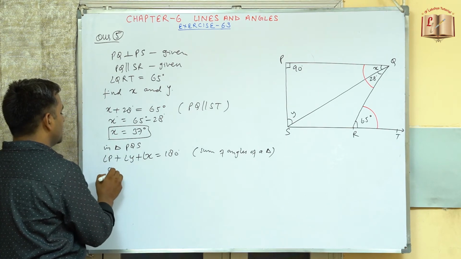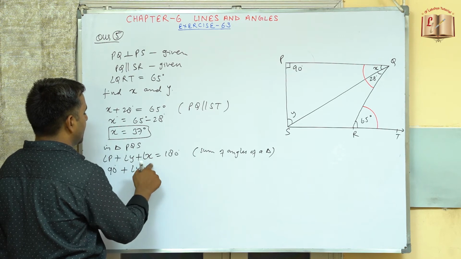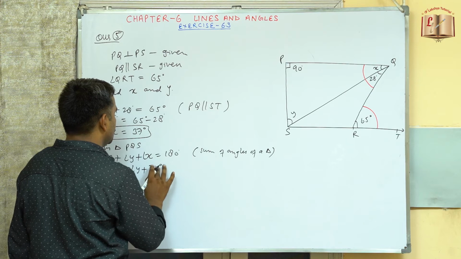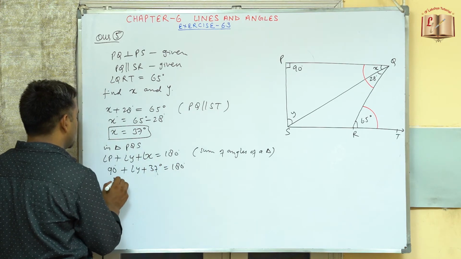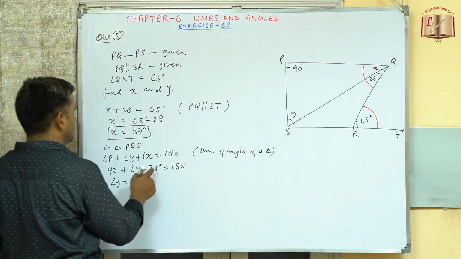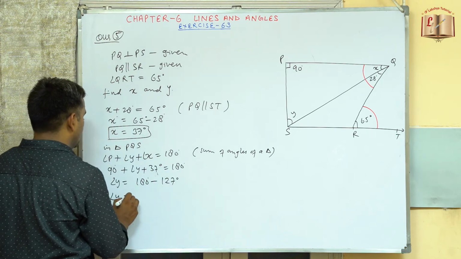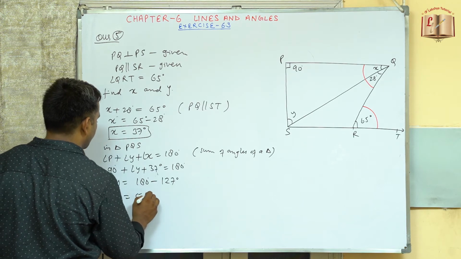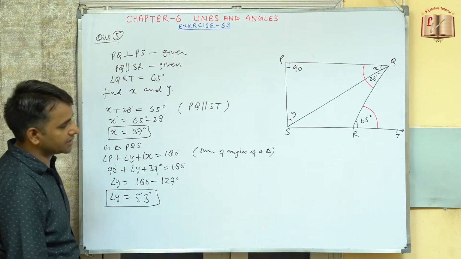Angle P is 90 degrees, plus angle Y, plus angle X, which we got as 37 degrees, equals 180 degrees. So angle Y equals 180 minus 127, which is 53 degrees. So we got the values of angles X and Y.